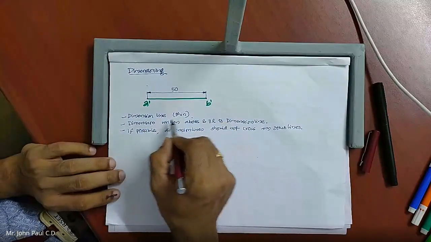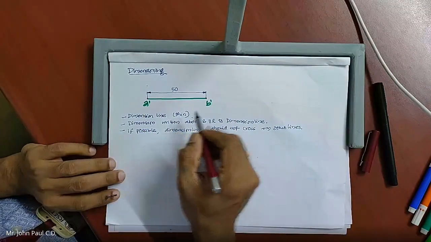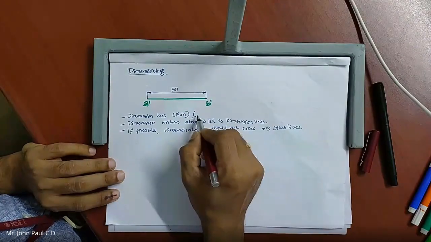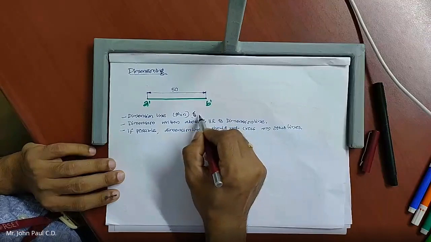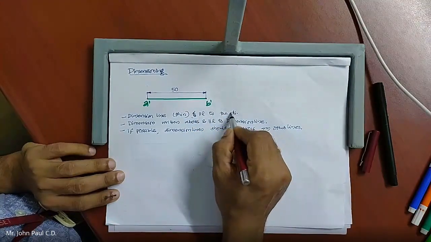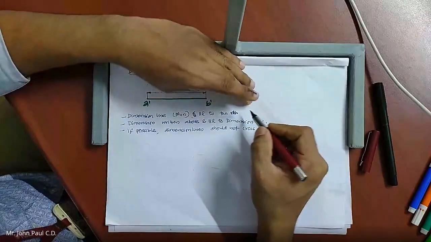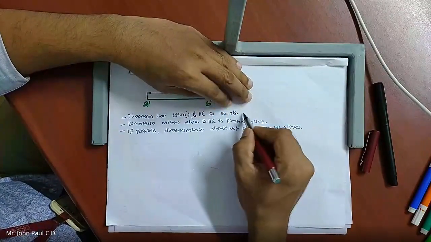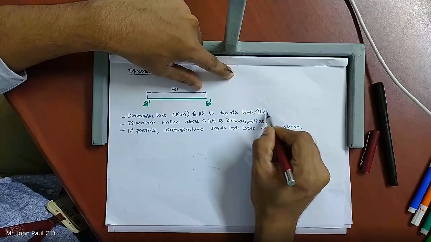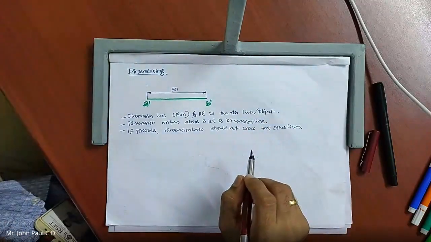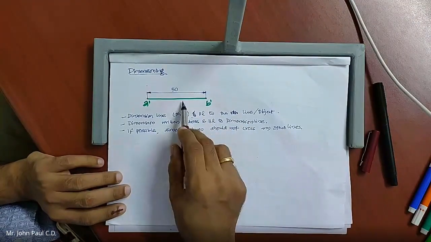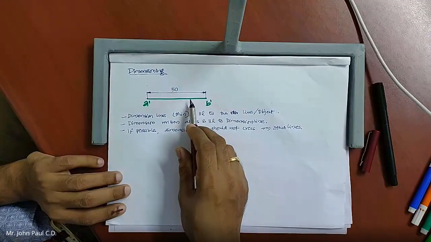So the dimension line, which is thin, and dimension line is parallel to the line or object of which we are marking the dimension.